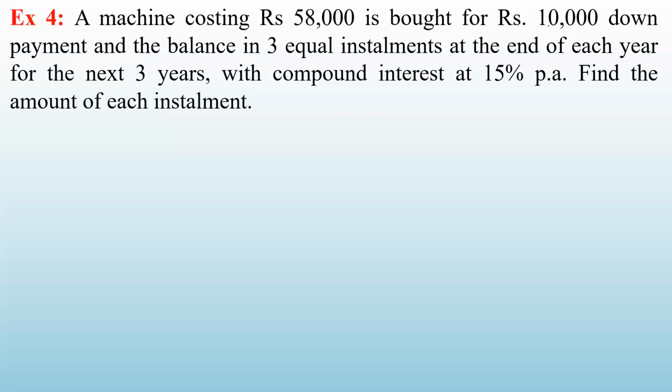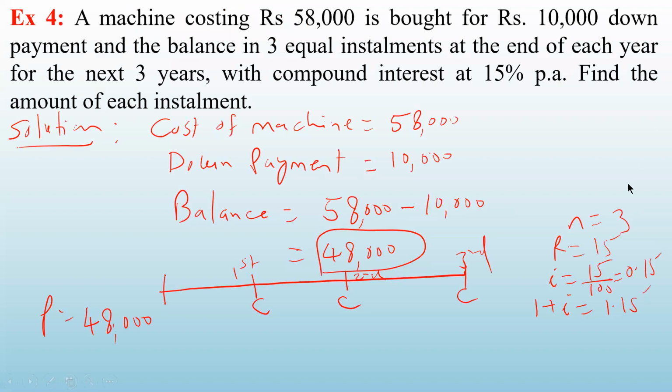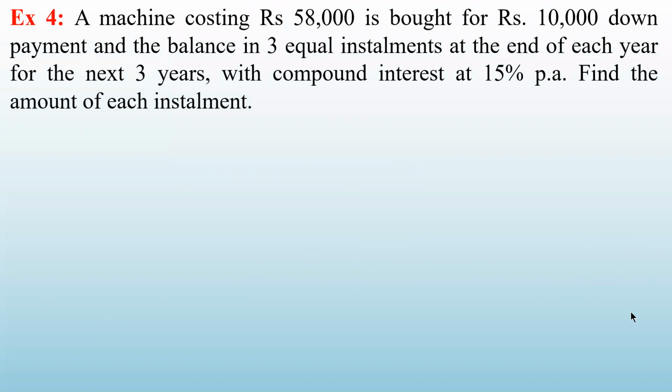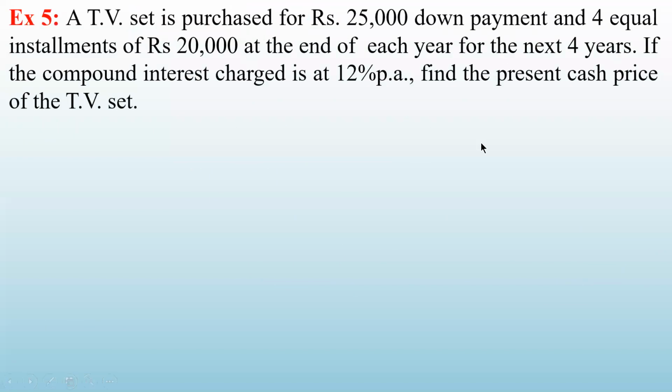So this is your formula. P equal to C into (1 minus V to the power N) divided by I. What is V? 1 divided by 1.15. Correct? So let us find out.